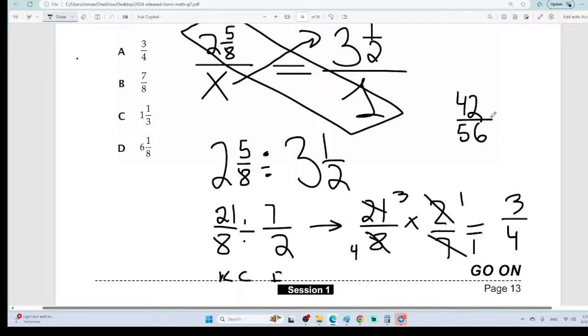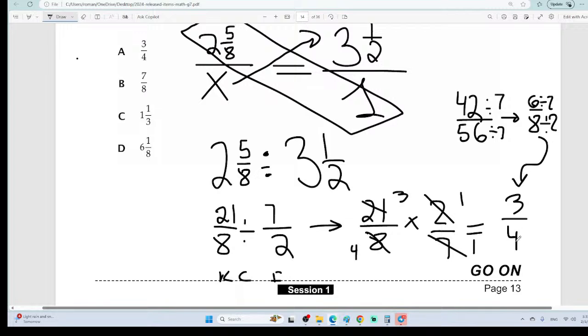But let's say you don't know that it's 14. Let's say it's 7. Then what's going to happen? You can divide by 7 first. It's going to be 6 over 8. And then you say, hold on, 6 over 8, I can also reduce further. I can divide by 2, which will lead me to 3/4.